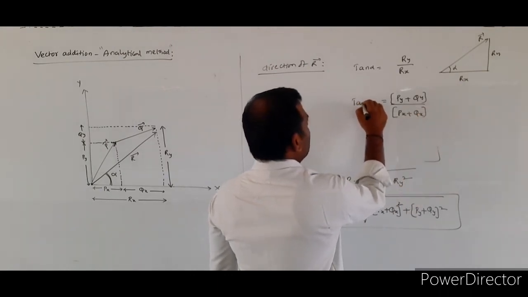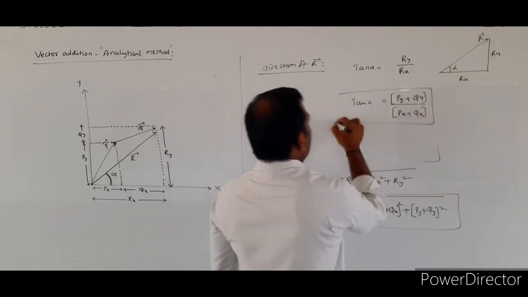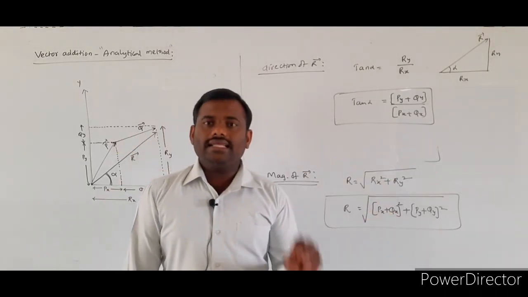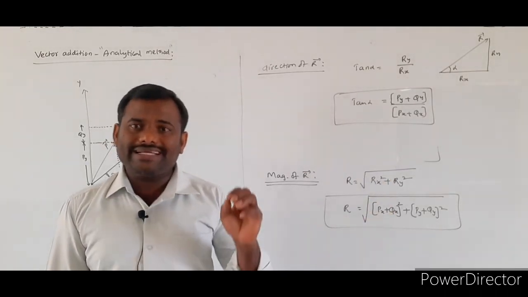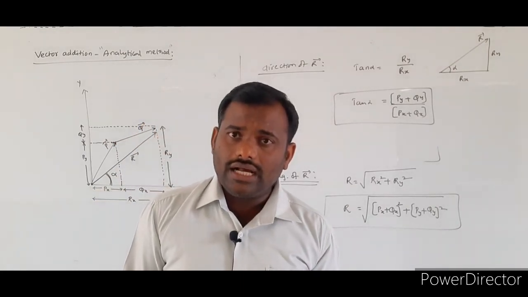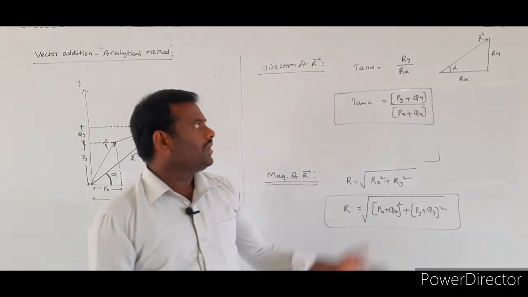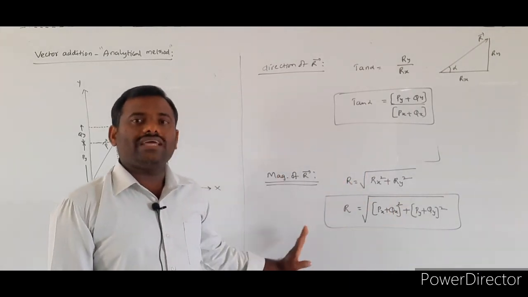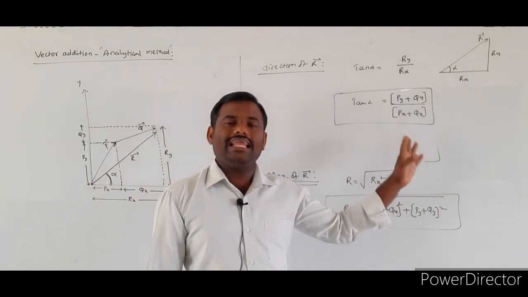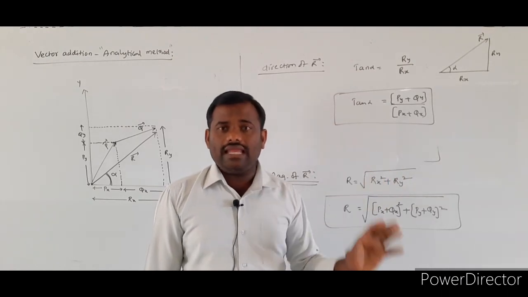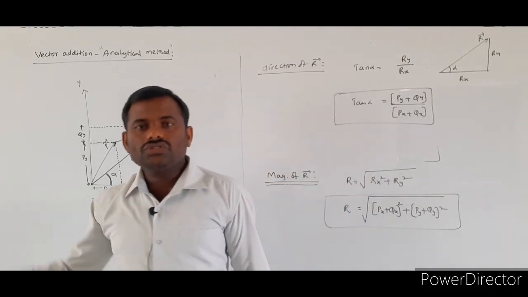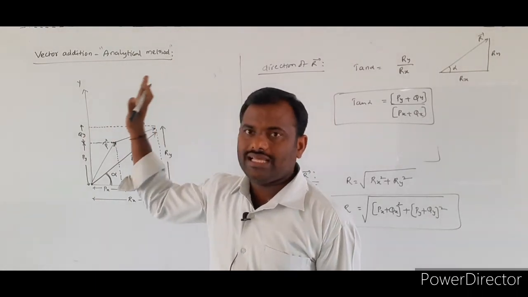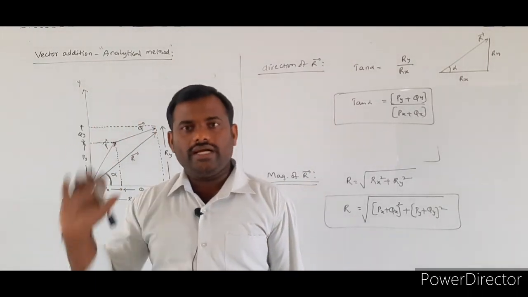So this is the value of tan alpha. By knowing the tan alpha value, you will know the angle the resultant vector makes with respect to the x-axis. So this is the method for calculating the magnitude as well as the direction of the resultant vector. This is the complete information about vector addition by using the analytical method.